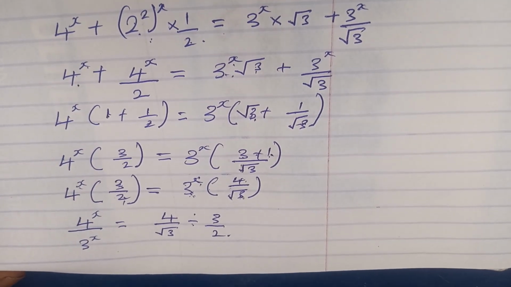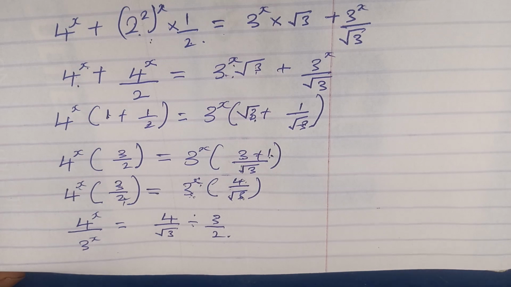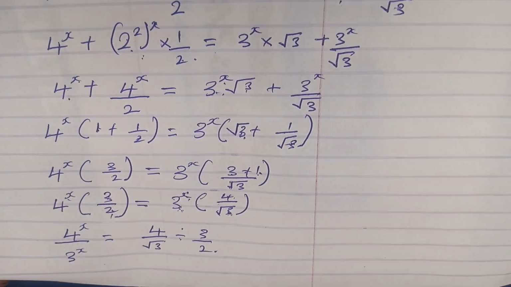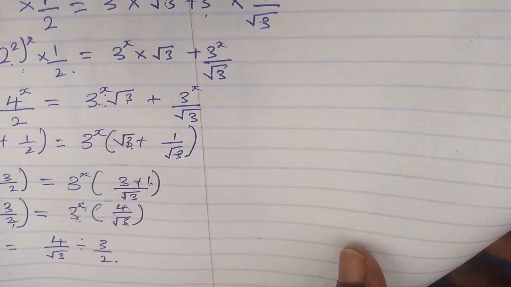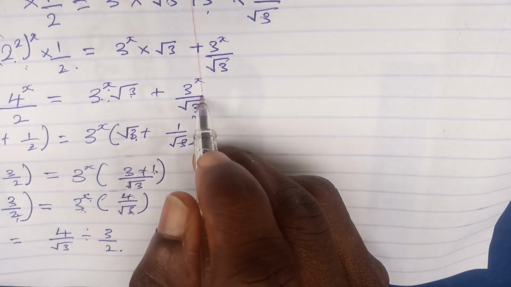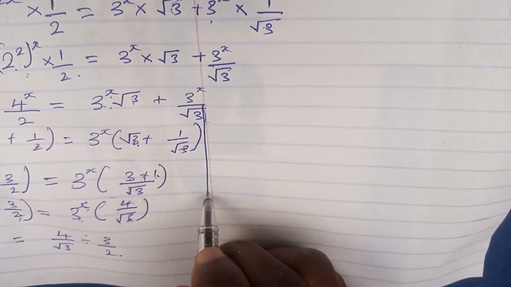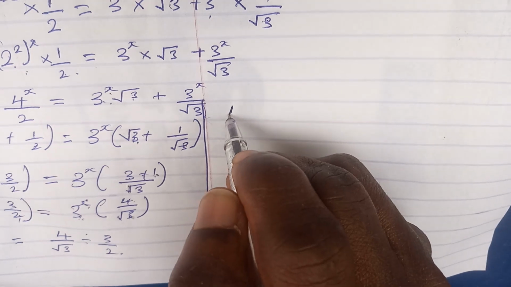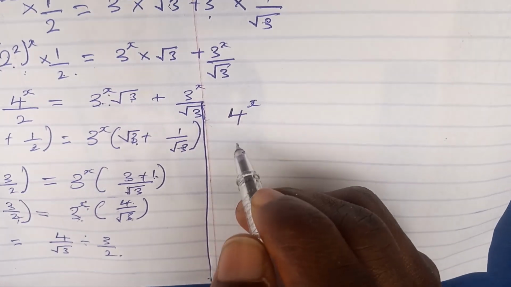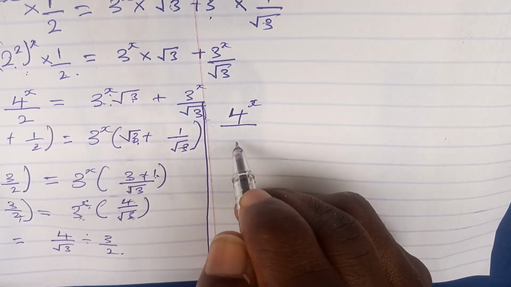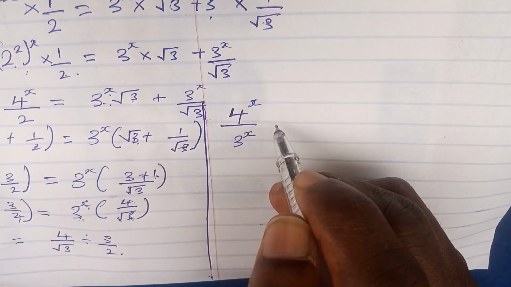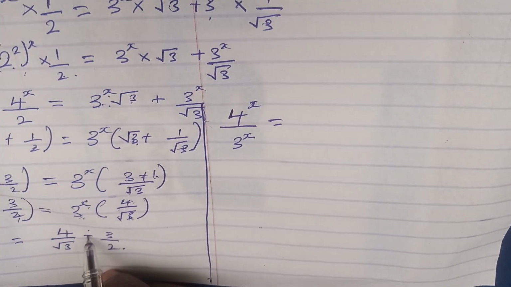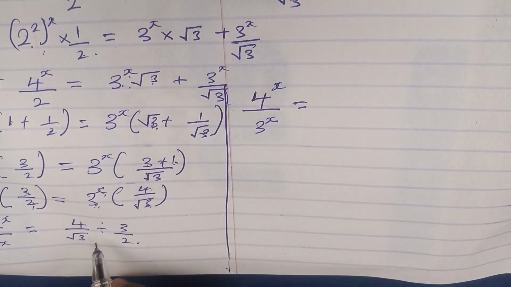So having done that, what are we simply going to do? Let's move on and solve. If you come here quickly, we can easily demarcate this part. So what do we have? We have 4 to the power of x over 3 to the power of x is equals to, so we want to turn this one to a multiplication sign.